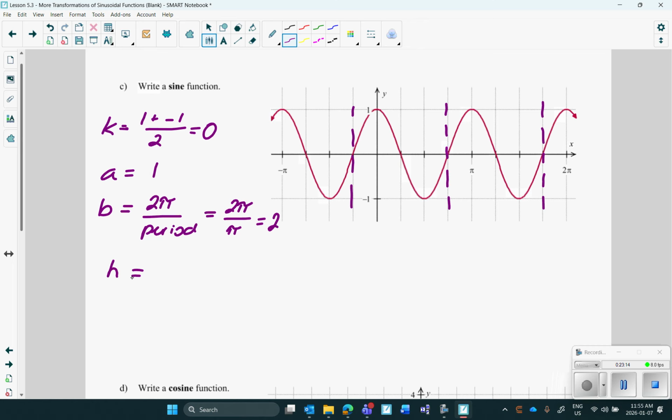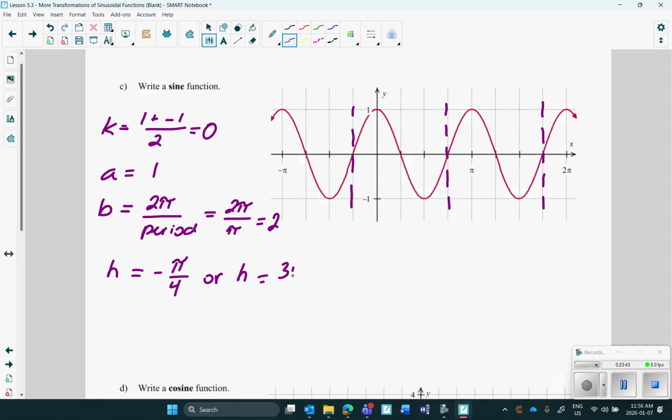Here's where some of you differ. If you used this as your sine cycle, we went back pi over 4. If you used this as your sine cycle, you went ahead 3 pi over 4.